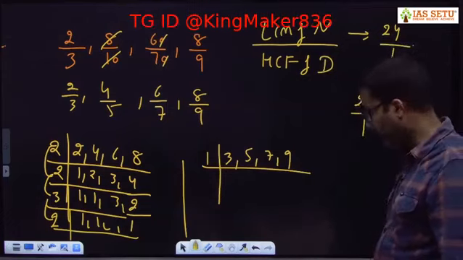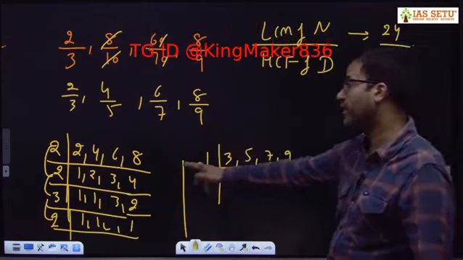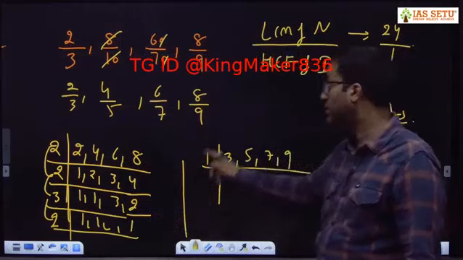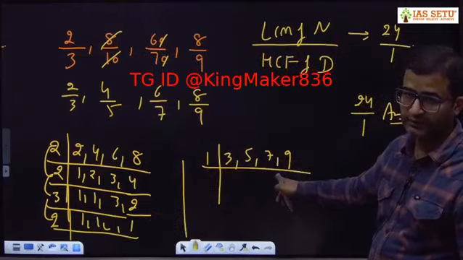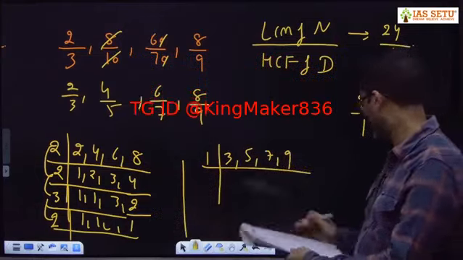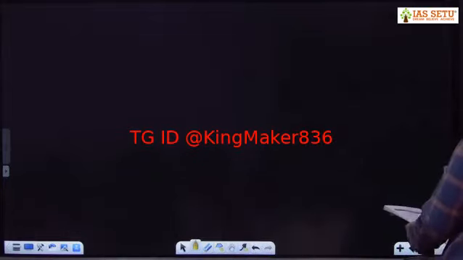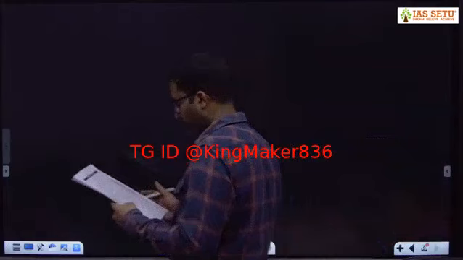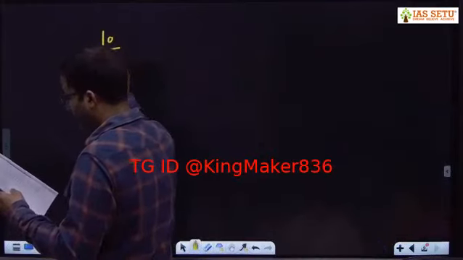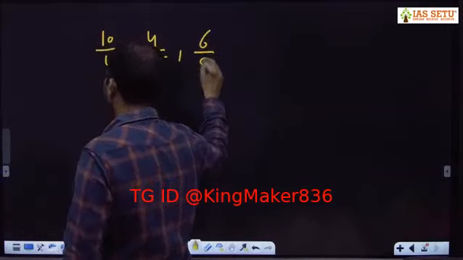I repeat, first we simplify. Then step number 2, we will take the LCM of the numerator and the HCF of the denominator. Okay. Let me take one more question. 10 by 4, 4 by 5, 6 by 8.